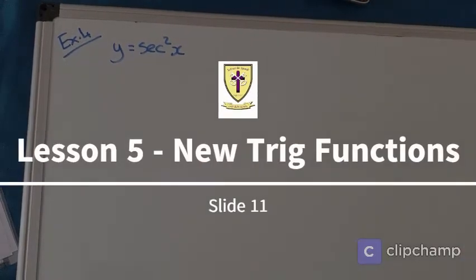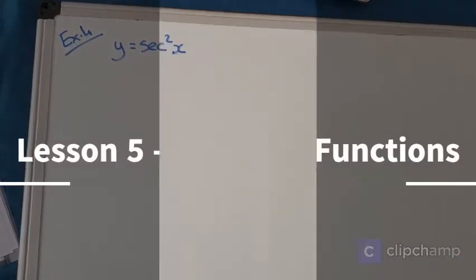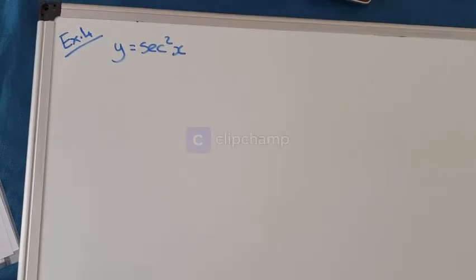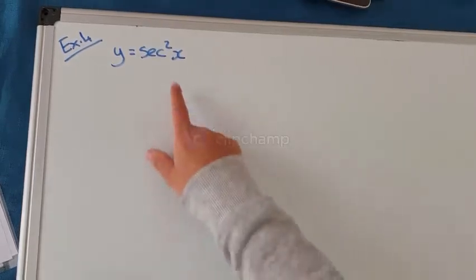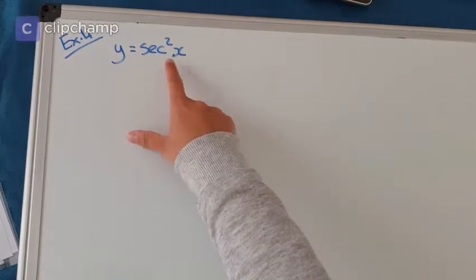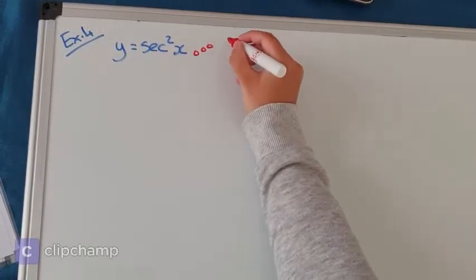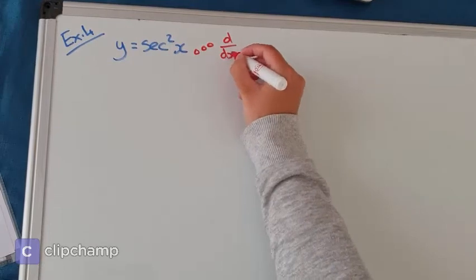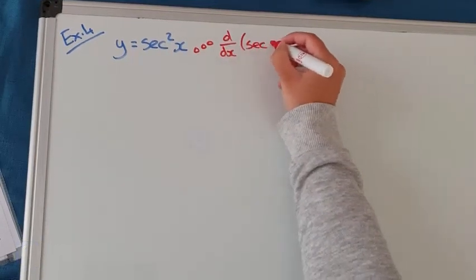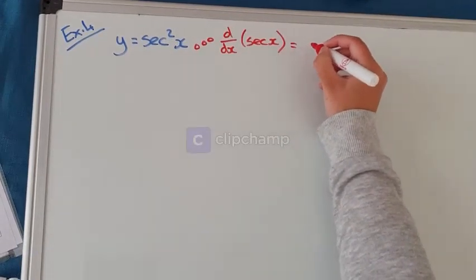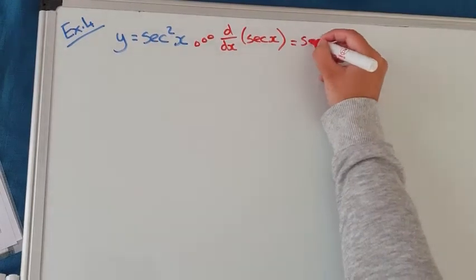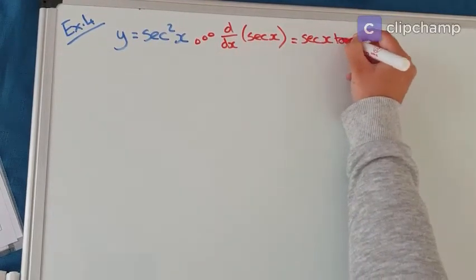Right, example number 4. y is equal to sec squared x, and we want to differentiate that. So it's sec squared. Now, from our formula sheet, we only know the derivative of sec, but let's write that down anyway. The derivative of sec x is equal to sec x tan x.